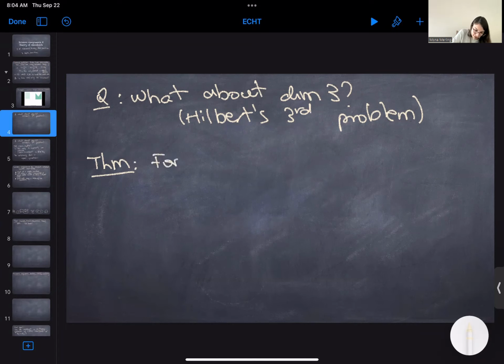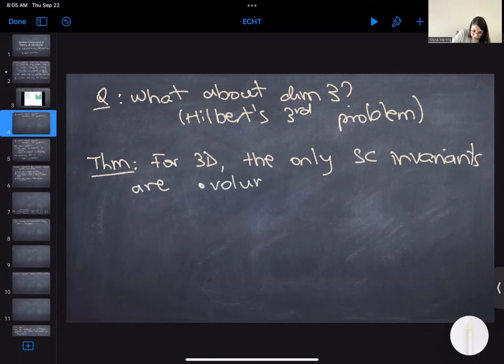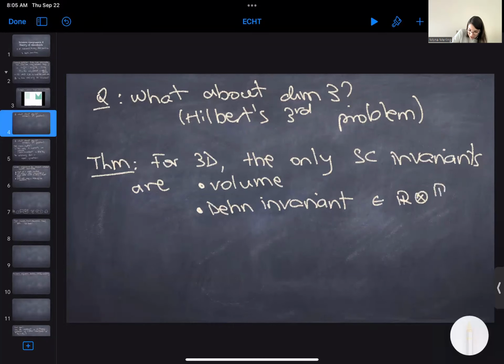So for dimension 3, the only scissors congruence invariants are, of course volume, but there's a second invariant called the Dehn invariant. Maybe I won't define it for you, but it has to do with the angles. It is going to be an invariant that lives in R tensor R mod pi Z.